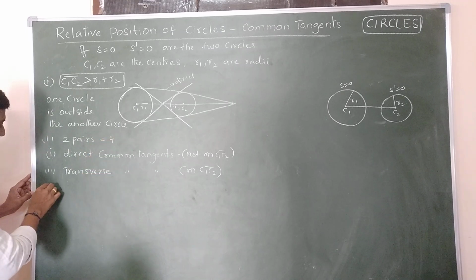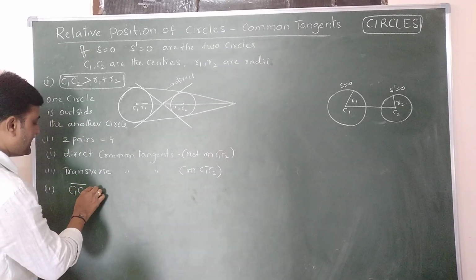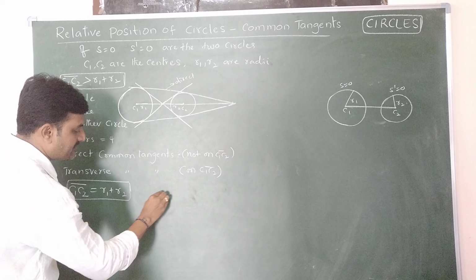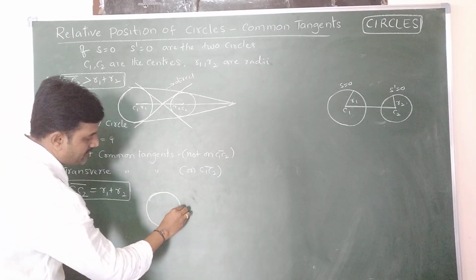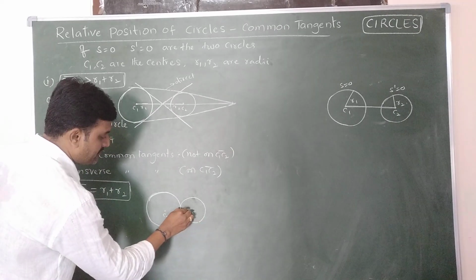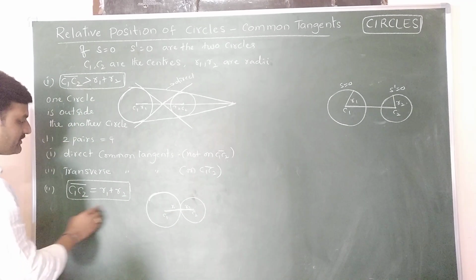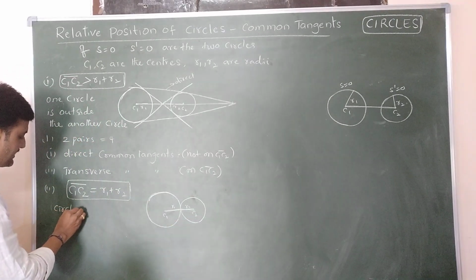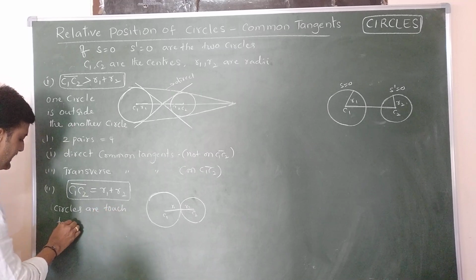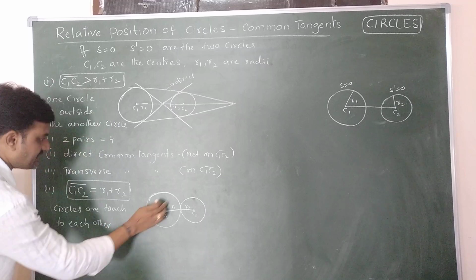And the second one: if the distance C1C2 equals R1 plus R2, the circles touch each other externally. This is called external touch.